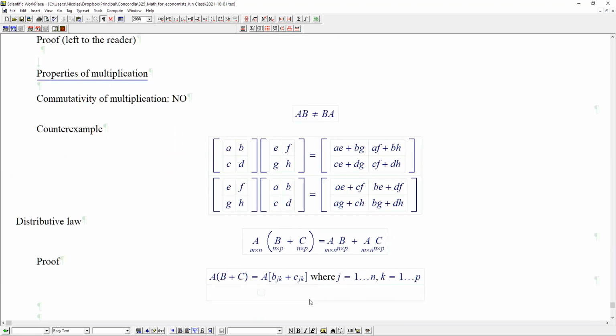So you have to keep track of dimensions, that's for sure. And now I can multiply each individually. So if I do the multiplication, I get that this is equal to a sum.